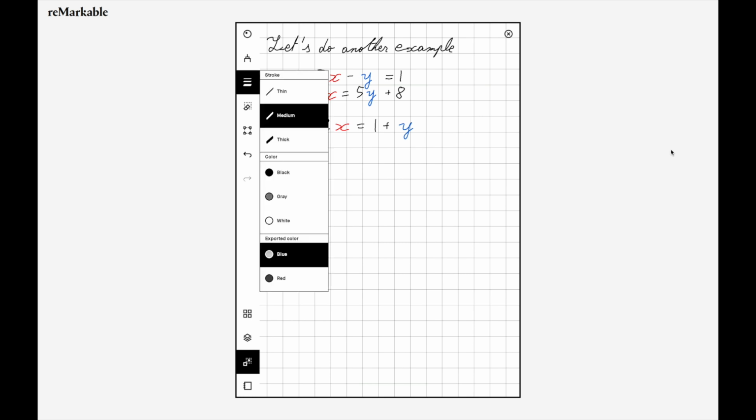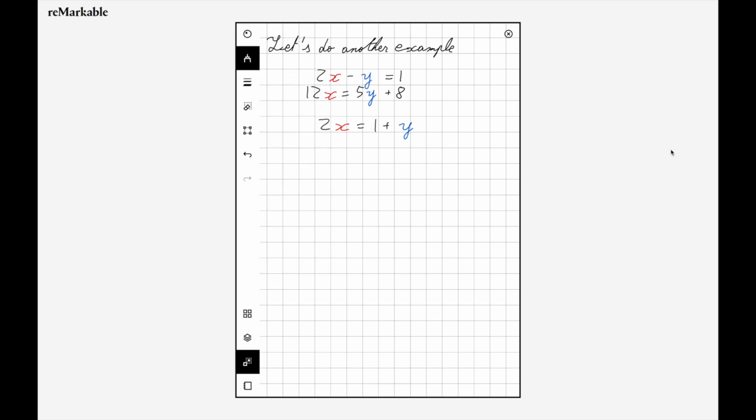All right. That being said, we now have our expression of x in terms of y. Now, let's plug it in.